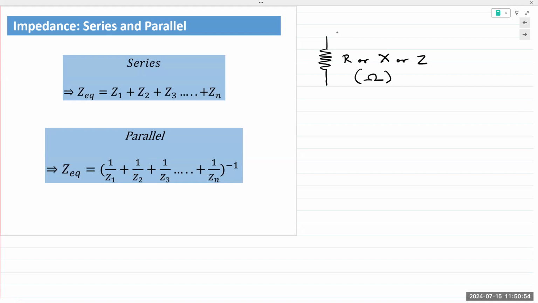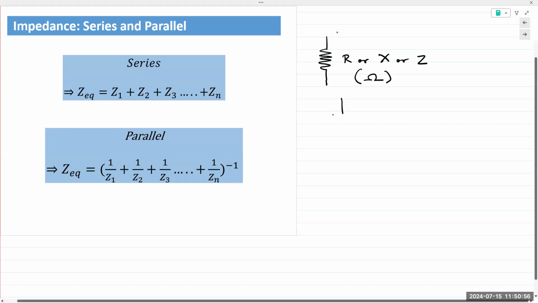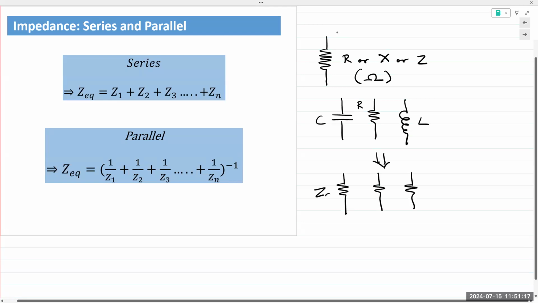So when you have two capacitors in parallel or series, if you have something like this and you convert it to its AC circuit, you can represent each component with its impedance. So this would be ZC, this would be R, this would be ZL.